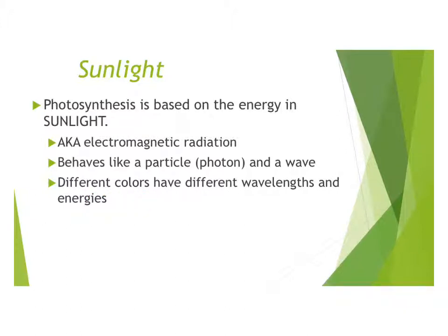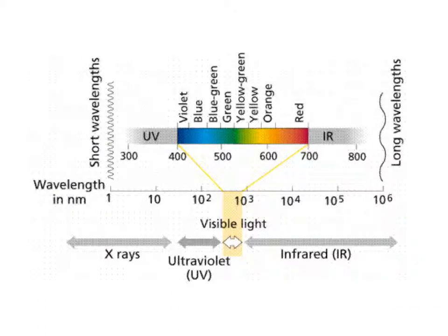We perceive light as different colors when it has a different wavelength, or we can think of it as really different amounts of energy. So this is what we call the electromagnetic spectrum, and it represents all the different wavelengths of sunlight. In this case, all of the energy from the sun is a bunch of different wavelengths. The ones that we see, we call visible light, is in this narrow range from about 400 nanometers to about 700 nanometers in wavelength.